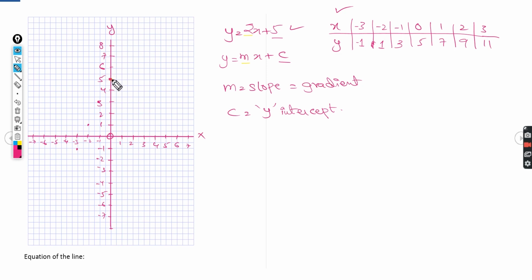So now I think you understand better what is happening over here. I'll put a 9 over here as well, just for clarification purposes. 1 is x and 7 is y. 2 is x and 9 is y.